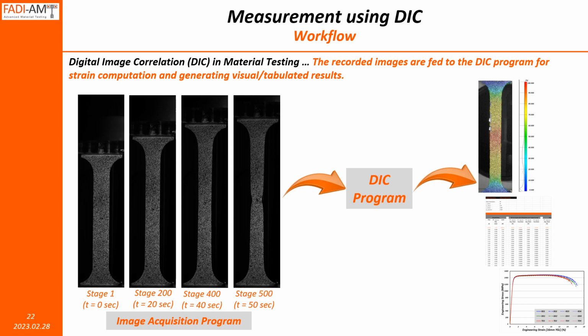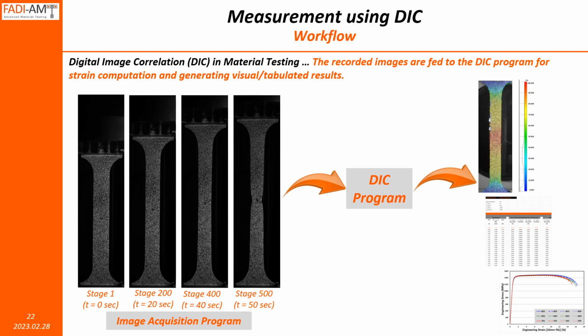For that, the samples are painted in a black and white speckle pattern as shown in the images on the left hand side. Now, as the deformation happens or the test progresses, the cameras record images of this test sample at a known frequency. For example, in this set of images shown here, the camera is recording at 10 frames per second, and therefore we have 1 to 500 images for a total of 50 seconds.